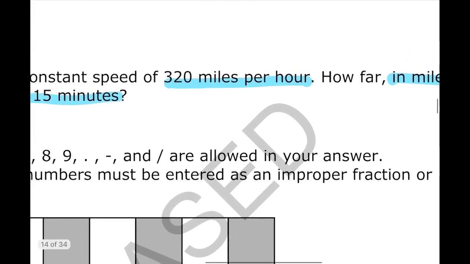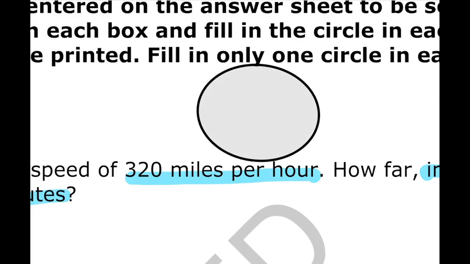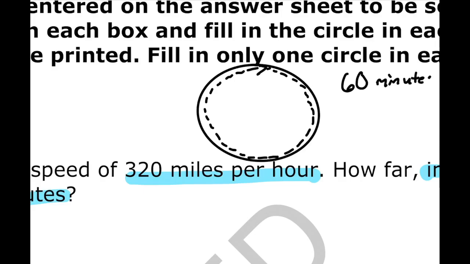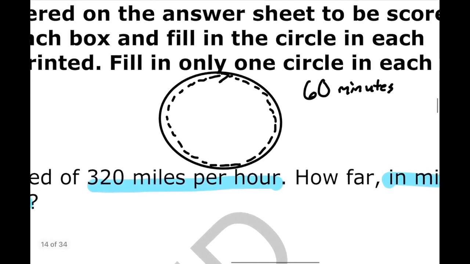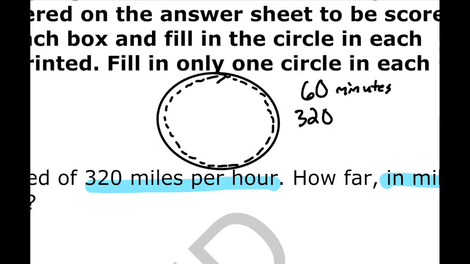So if it's 320 miles per hour, that means over the course of 1 full hour, which is a total of 60 minutes, from minute 1 to minute 60, we travel 320 miles.